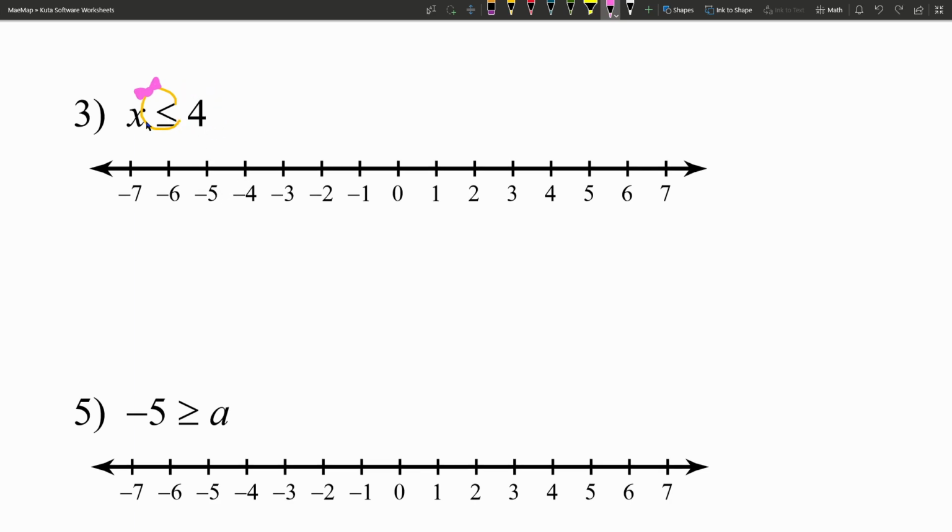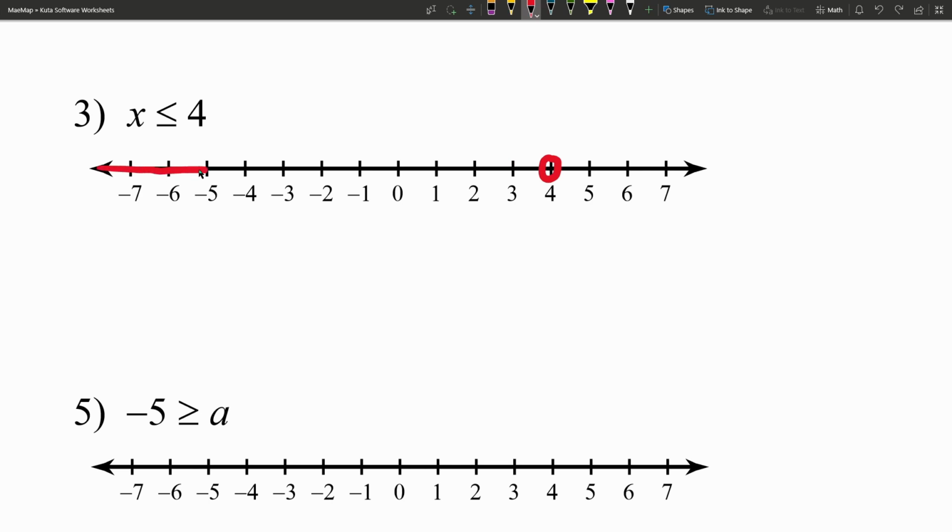So 4 is larger than x, which means that x is less than or equal to 4. Starting with finding 4 on our number line, we're going to circle it. Then we're going to shade in our x values, which, if x is less than or equal to 4, a number that's less than 4 is 3, 2, 1, all of these numbers to the left.